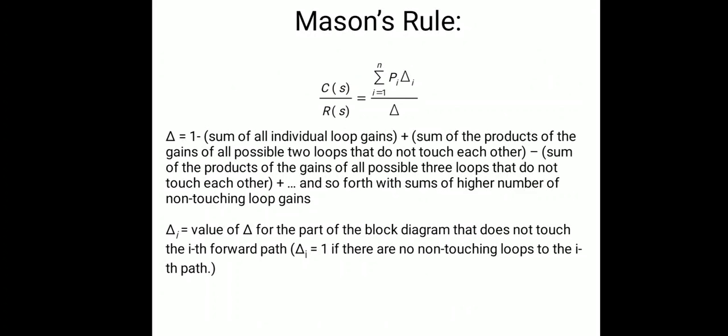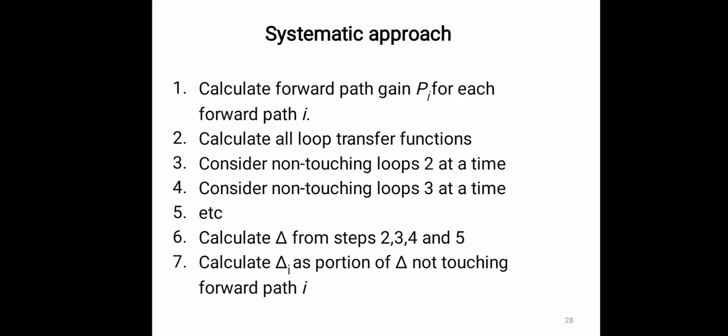So how can we find delta 1 and delta 2? Delta 1 is equal to 1 minus the summation of loop gains non-touching to the first path. Delta 2 is 1 minus the summation of loop gains non-touching to the second path. We'll see the non-touching loop concept, two non-touching and three non-touching, in the upcoming sessions also.